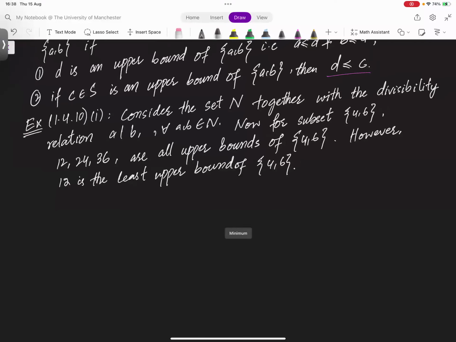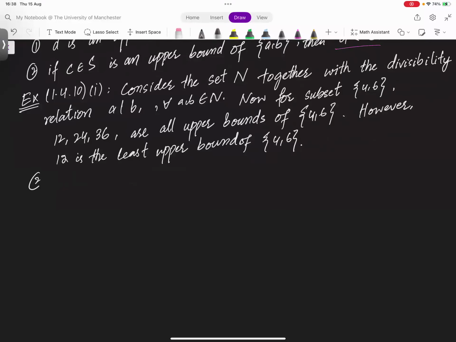Similarly, number 2: we have a set S which contains the elements 1, 2, 3, 4.